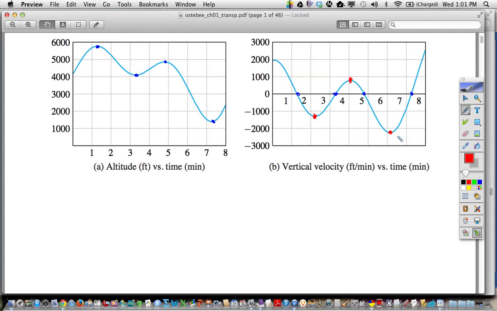But what would be another word we could say? I don't even care about this graph right now. I'm just talking about what the balloon is doing. I don't think I've heard what I'm looking for. Minimum, maximum would be okay. It's changing. What's happening with the balloon at those points?